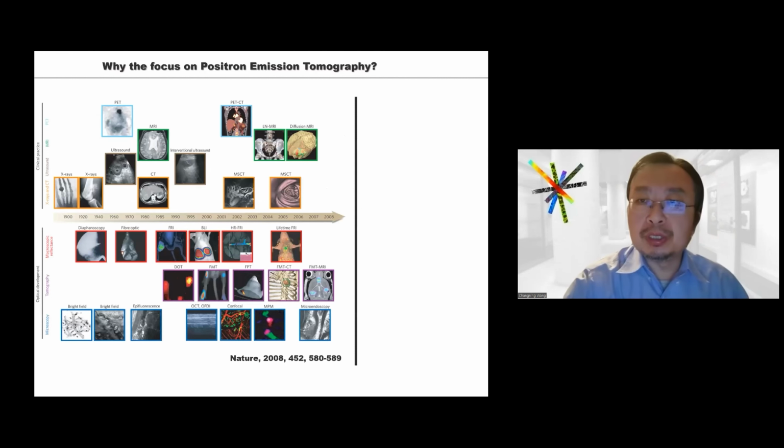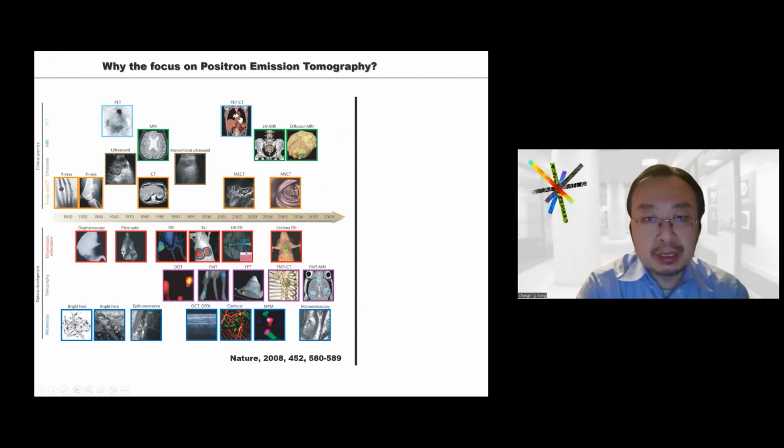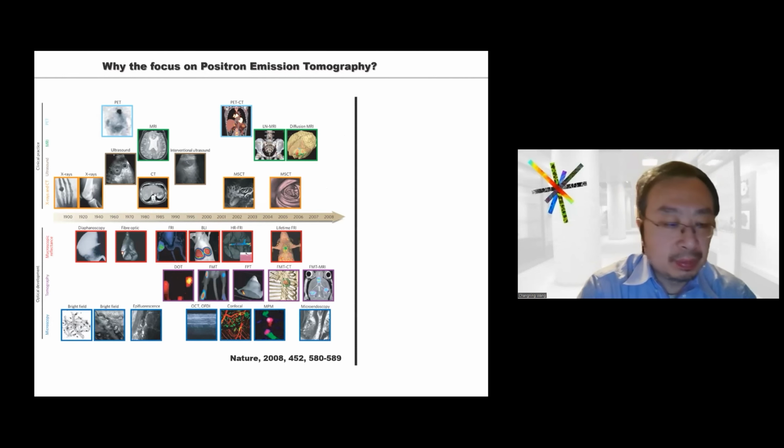Here we show an image of the imaging techniques we discovered in the past more than 100 years.